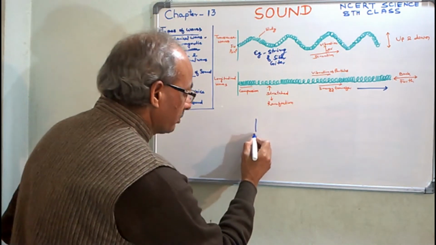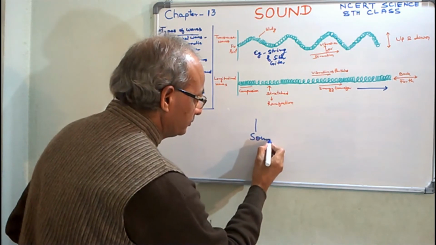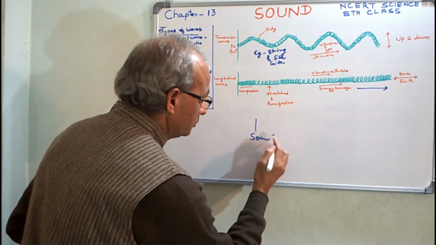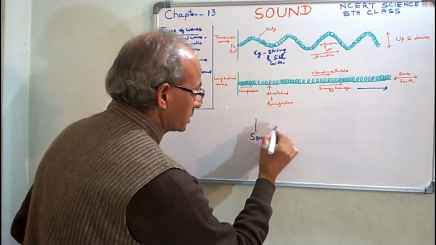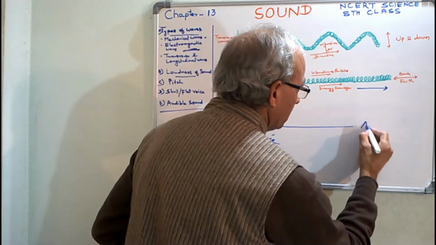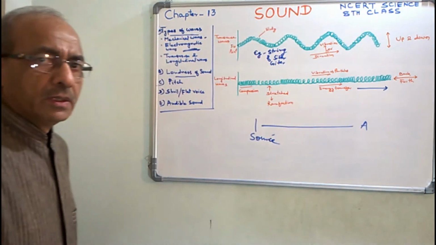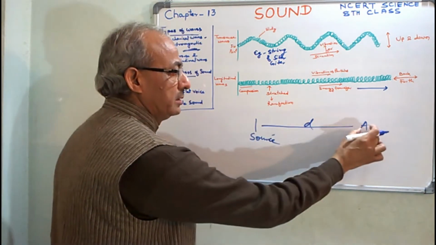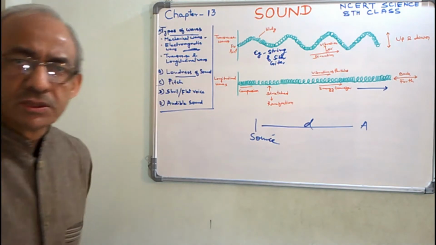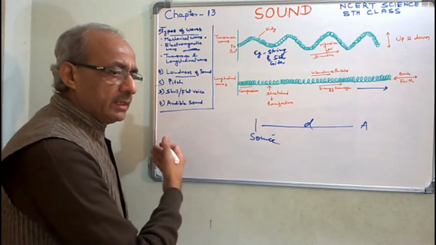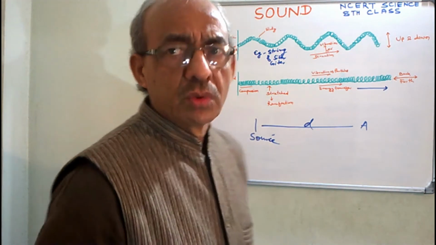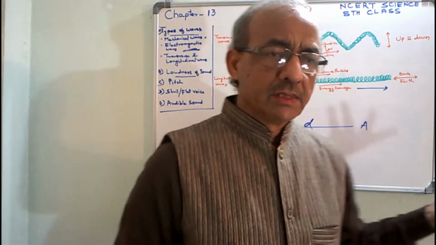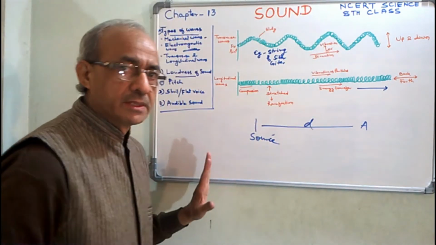Suppose this is the source, and here one person is standing. It depends upon the distance between the source and the person who is hearing the sound. If the distance between the source and observer increases, then loudness decreases.